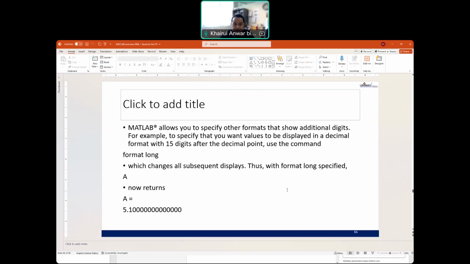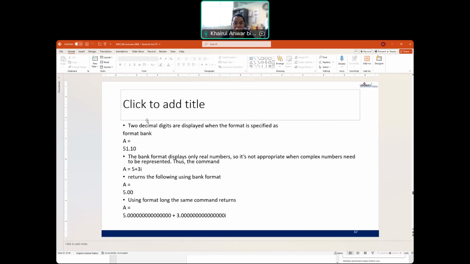Then 2 decimal digits, normally we use it to represent currency. So we use format bank. Similar method, just write it in the command window, then press enter.